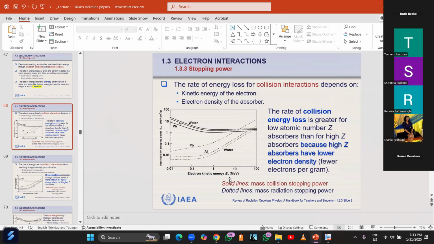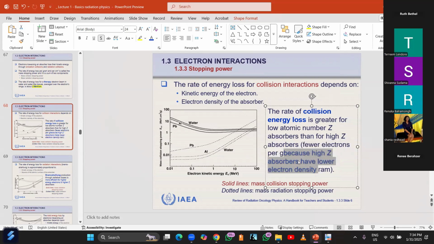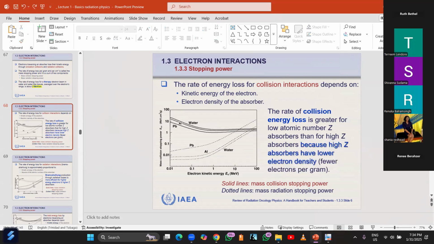The reason why this process is much more pronounced for lower atomic number materials is because as you increase the atomic number, the number of electrons per gram decreases, what we call the electron density. So the electron density decreases for high Z atoms. The rate of energy collision would be greater for those that are low Z because those have a higher electron density, or the number of electrons per unit mass.